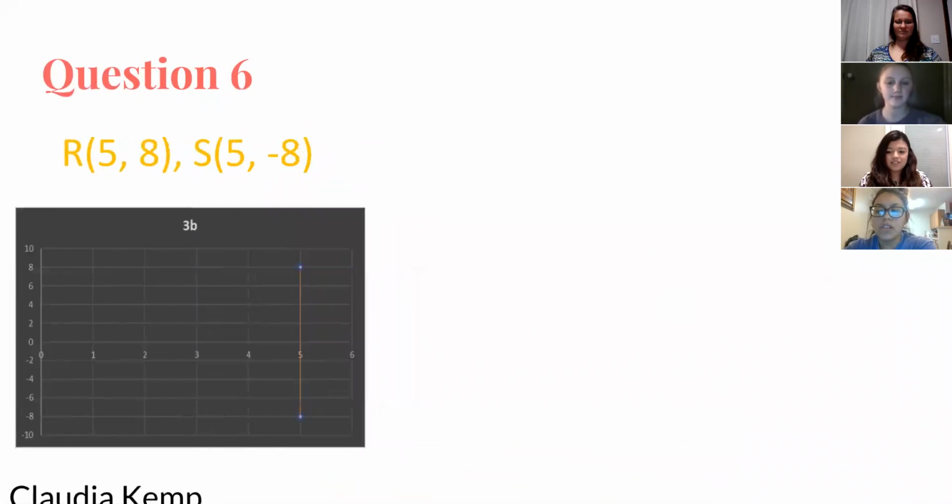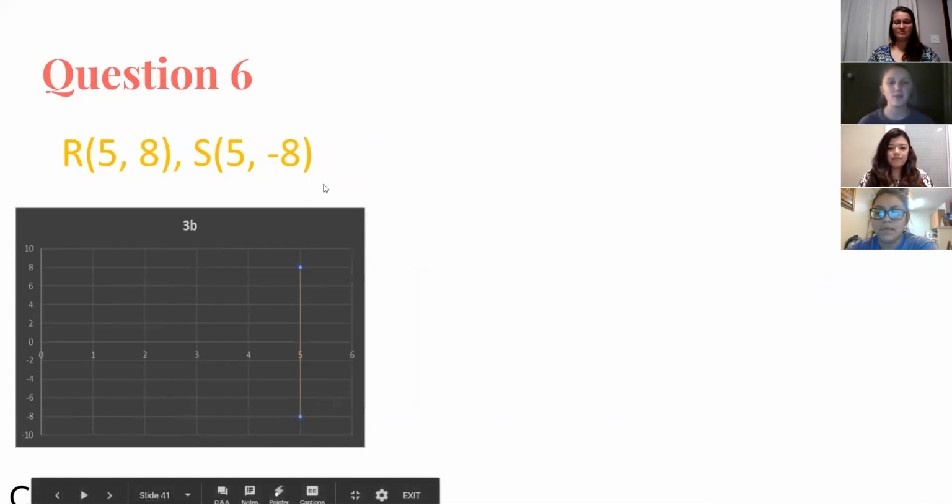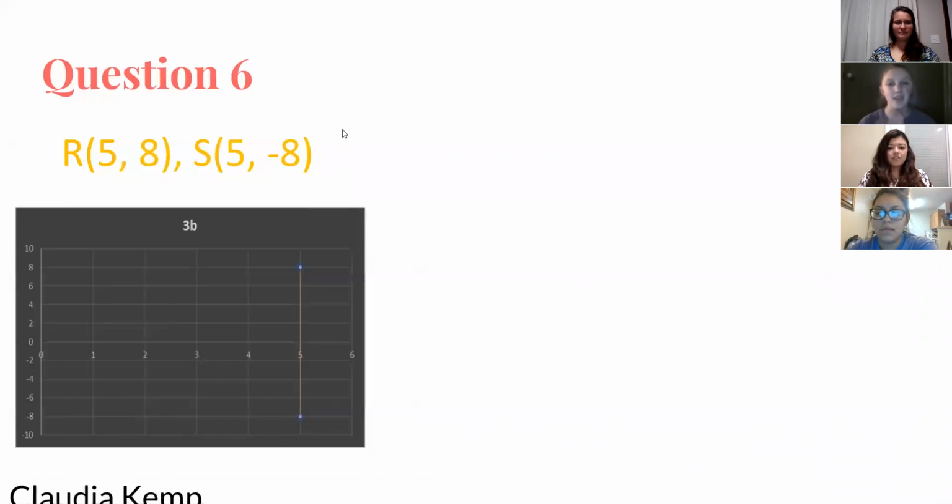Can you determine the direction of a line just by looking at 2 points from the line? Actually, you can, Cici. That is a fantastic question. You can actually determine some parts of a slope without even performing a mathematical equation or plotting points. The question is, do they have anything in common? As you can see here, these 2 points have an x value in common.